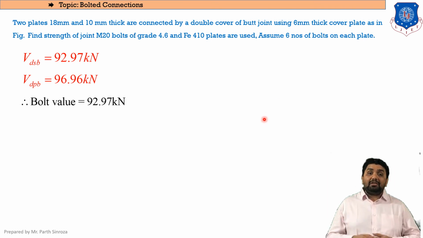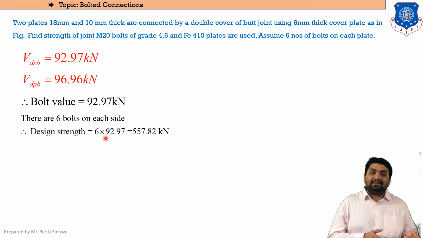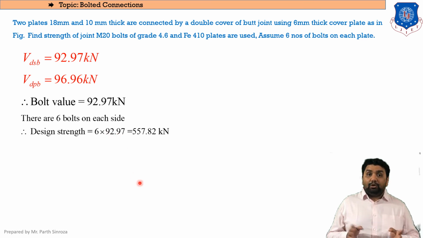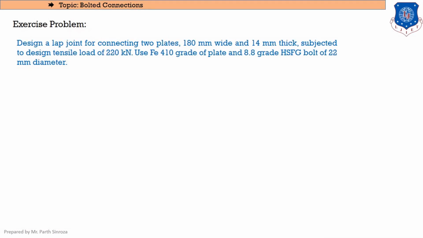So the total strength of bolts will be this bolt value multiplied by 6. Keep in mind. Clear? Now we will be dealing with each plate, that is the joint itself. So here the design strength of bolts will be 6 into 92.97, that comes out to be 557.82.